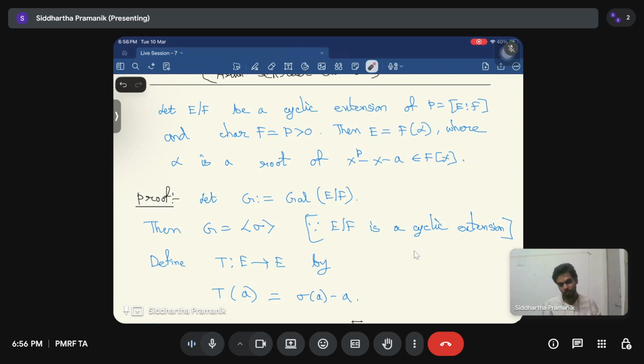Okay, so now maybe we can talk about the composite of fields a little bit, because we have not done much about that composite. Okay, so let's see what we can do.